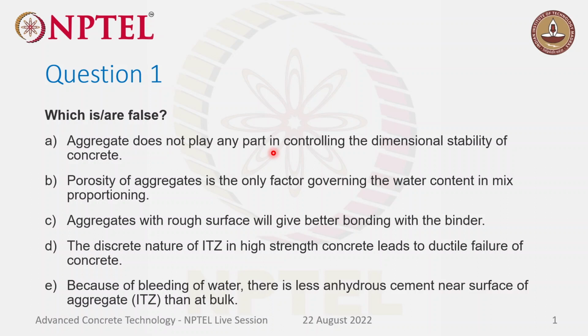Which options are right? In between, if you are not able to understand the question I posed, you can unmute and ask.